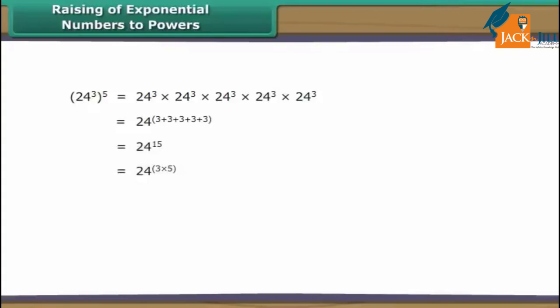Similarly, (24 raised to the power 3) raised to the power 5 is equal to 24 raised to the power 3 into 24 raised to the power 3 into 24 raised to the power 3 into 24 raised to the power 3 into 24 raised to the power 3, which equals 24 raised to the power 3 plus 3 plus 3 plus 3 plus 3, which is 24 raised to the power 15, which is equal to 24 raised to the power 3 into 5.